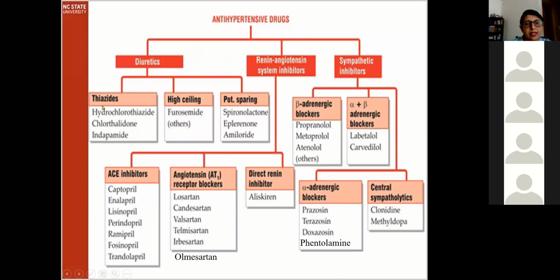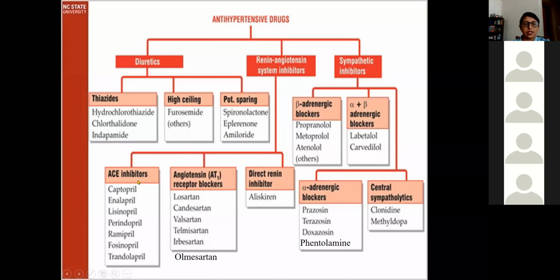Then diuretics can be thiazides, high ceiling diuretics, potassium-sparing diuretics. Under thiazides: hydrochlorothiazide, chlorthalidone, indapamide. High ceiling is furosemide. Potassium-sparing: spironolactone, eplerenone, amiloride. Then renin-angiotensin system inhibitors: angiotensin converting enzyme inhibitors, angiotensin receptor blockers, direct renin inhibitors.